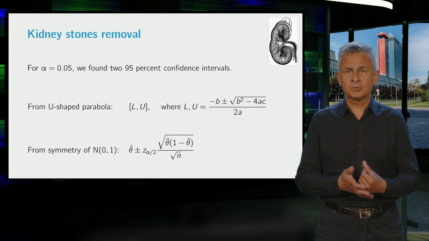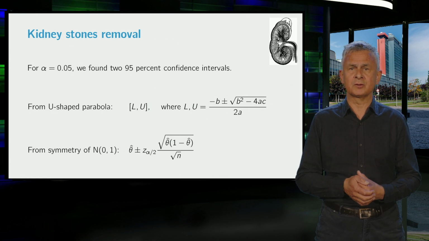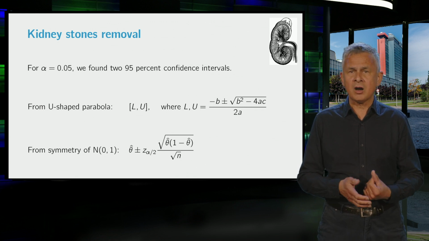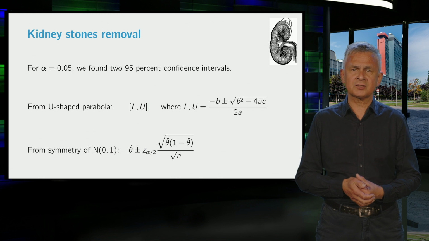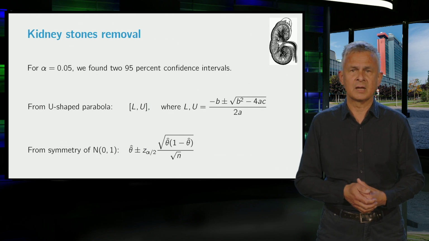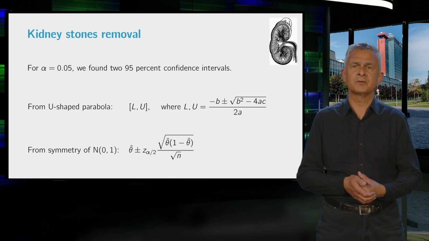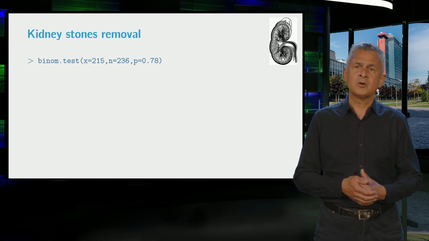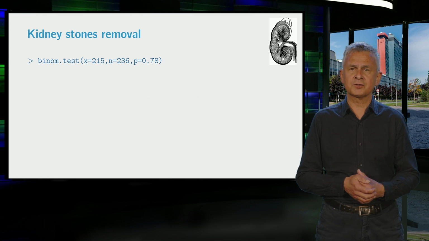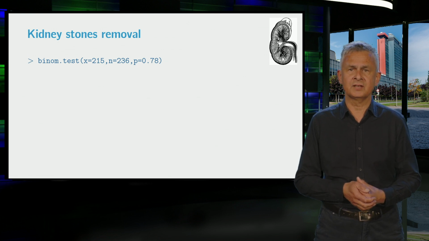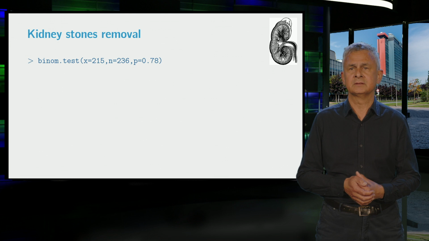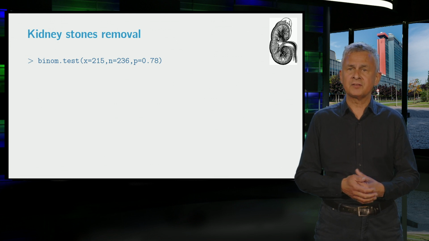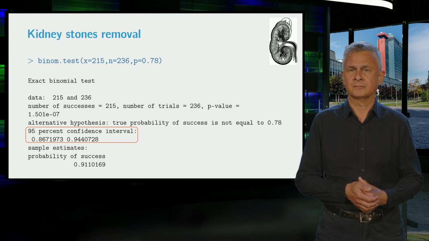Now, we have seen two constructions of a confidence interval for the probability of success theta of a binomial distribution. Now, R has automated several constructions of such an interval, and we illustrate some of them by means of the kidney stones example. You have already encountered the R function binom.test in the first video of this week, which can be used to perform a test for theta.